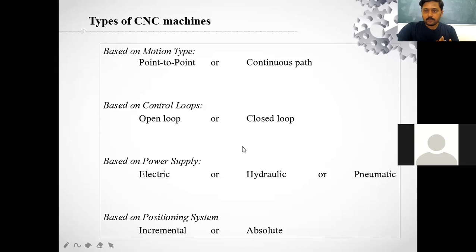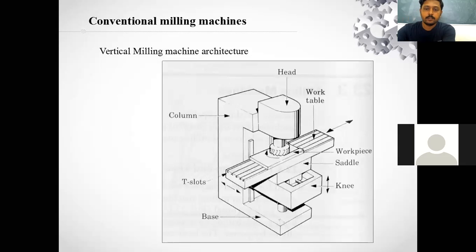Now, this machine could be made as a CNC machine by using computer interaction in that. Now, if you observe, just go to the previous slide. If you observe these motions, if you are standing in front of this machine, you will see that this is the up and down movement, this is the left and right movement, and this is the to and fro movement, and this is the movement of the tool. The workpiece mounted on this work table will move.